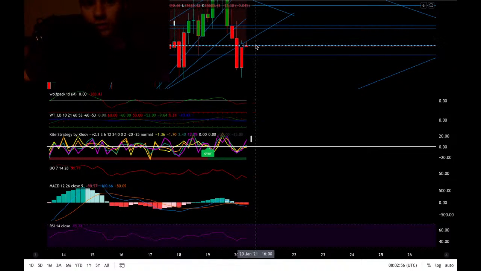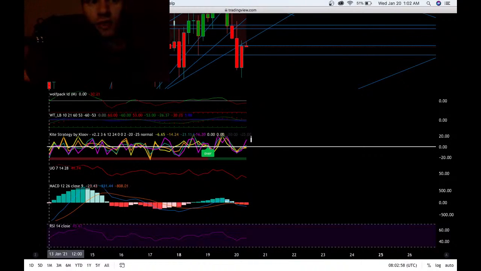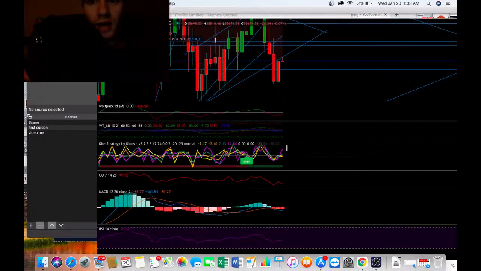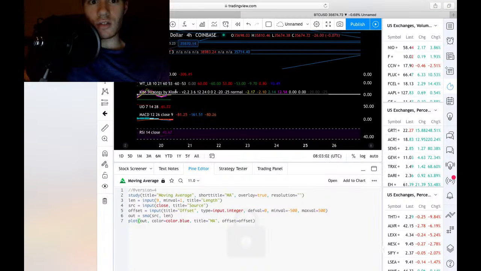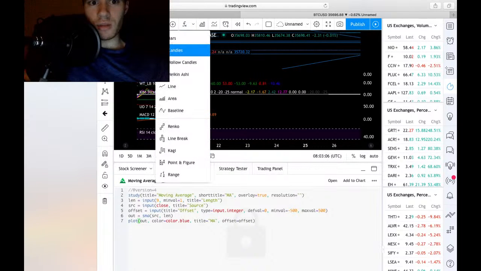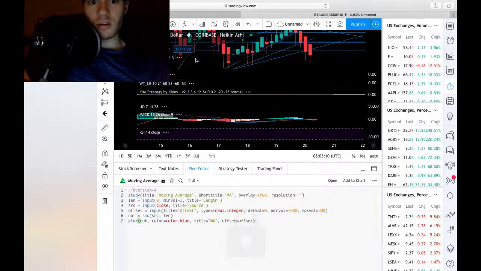It's like I have the Heikin Ashi candlesticks pulled up, but I don't. Let me see if I can pull it up and see if that will do anything.